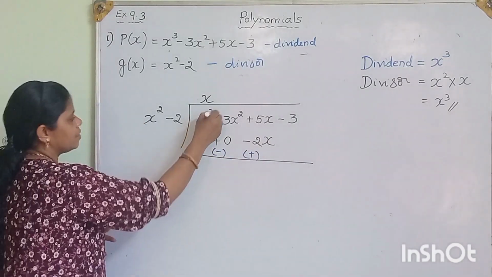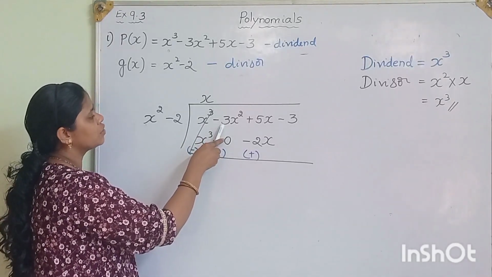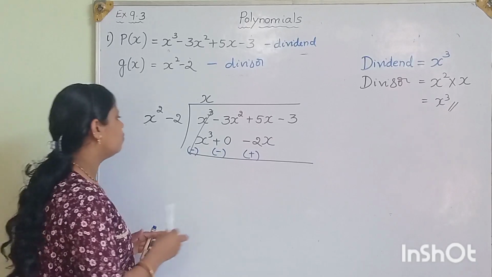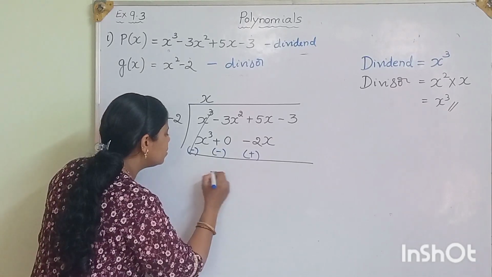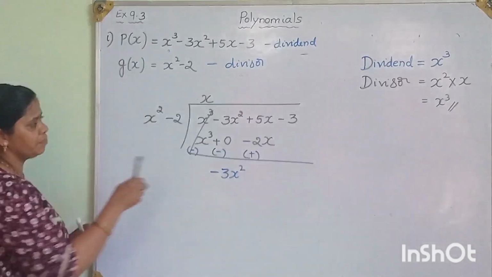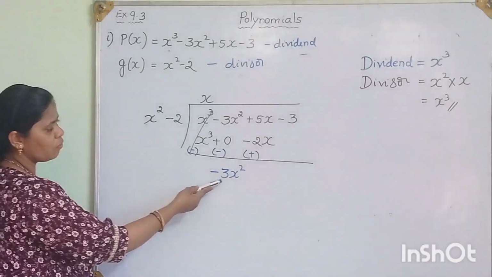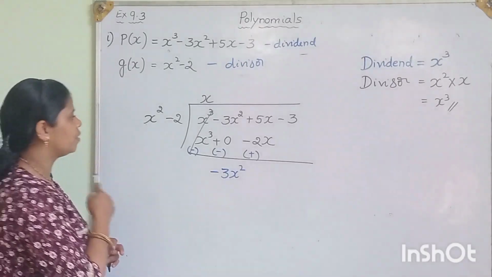Minus x cube will get cancelled. Now, minus 3x square minus 0 is nothing but minus 3x square.